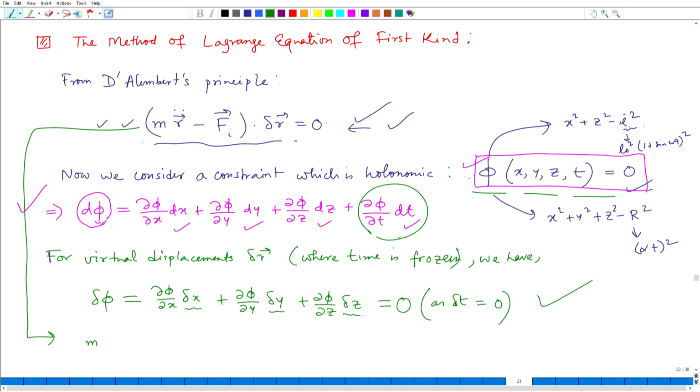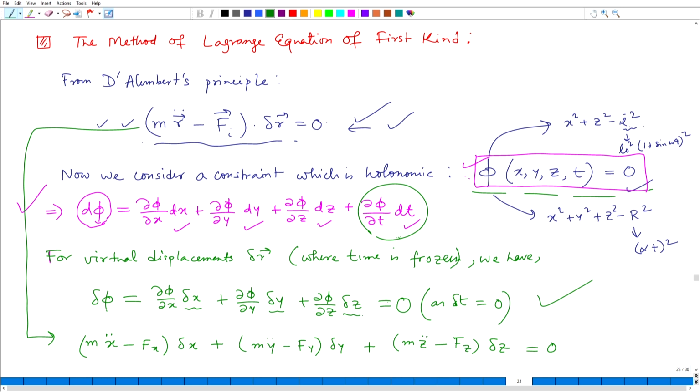You can write m x double dot minus f x, times delta x, plus m y double dot minus f y, times delta y, plus m z double dot minus f z, times delta z, that is equal to 0.